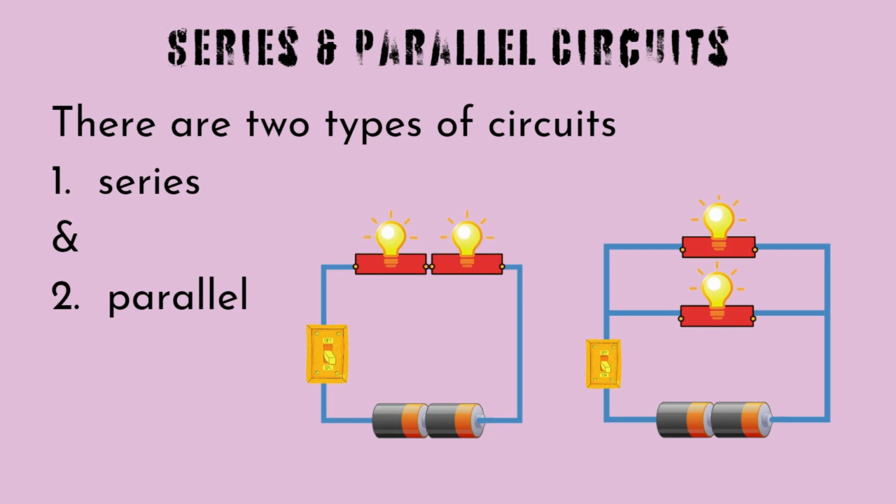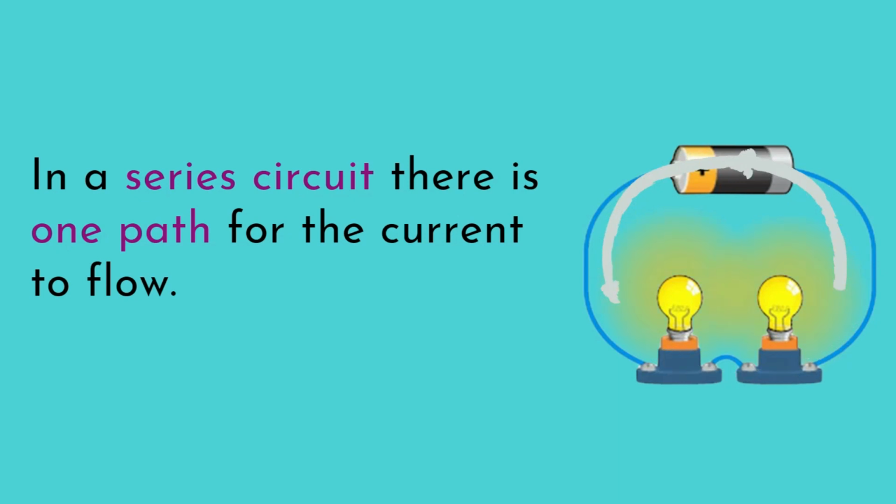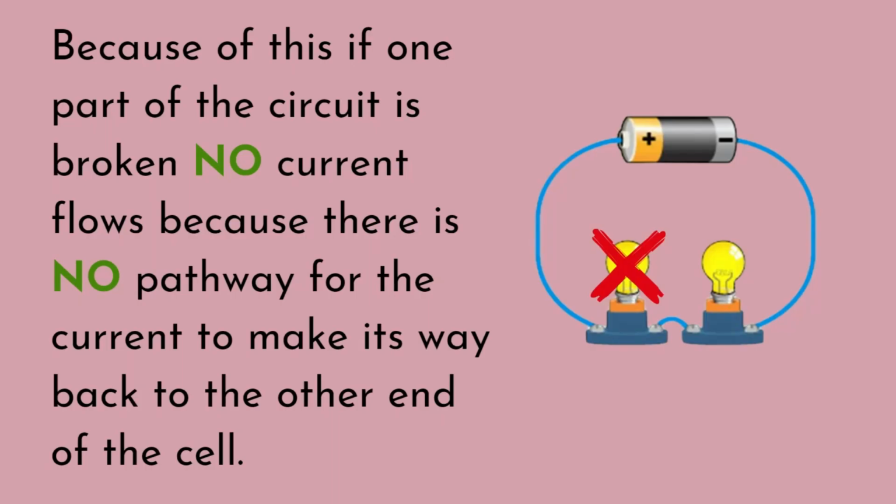Series and parallel circuits. There are two types of circuits, series and parallel. In a series circuit, there is one path for the current to flow. Because of this, if one part of the circuit is broken, no current flows because there is no pathway for the current to make its way back to the other end of the cell.